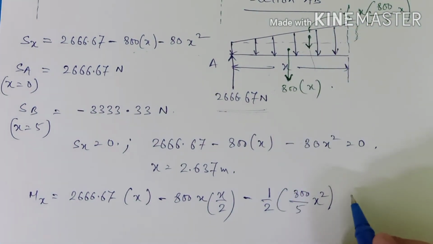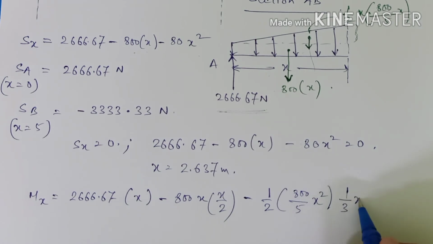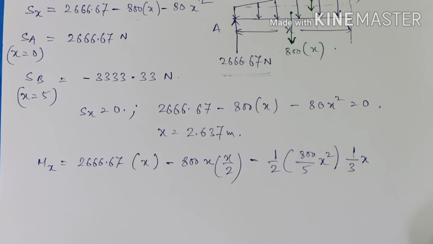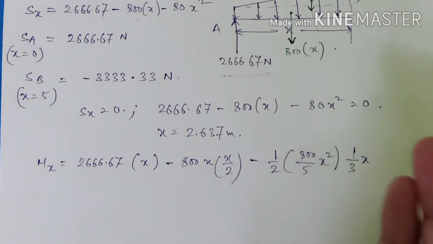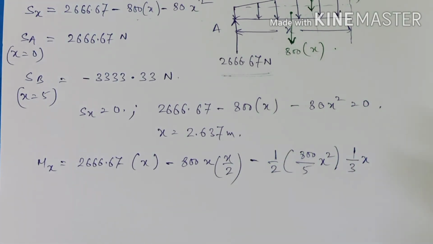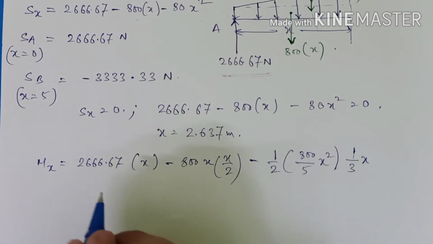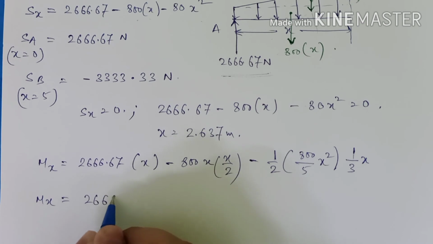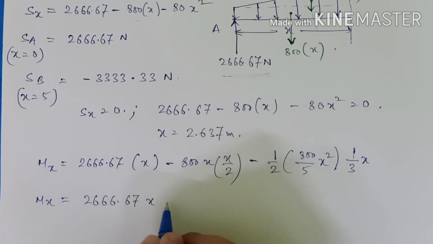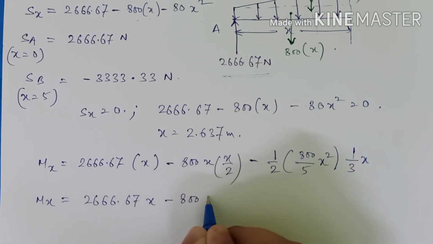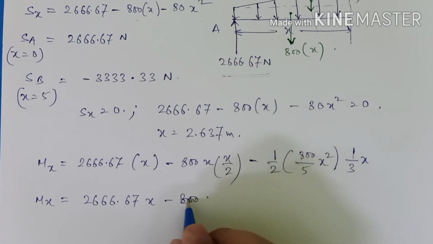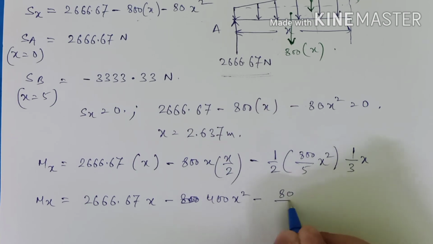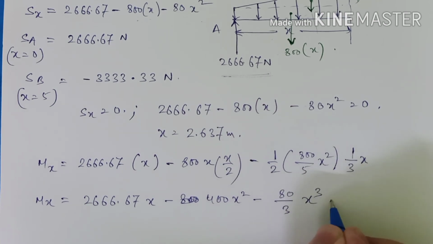This is 1 by 3 of x, because we know the centroid acts at 1 by 3 distance from the base. If you simplify it a bit, you'll get 266.67x minus 800 by 2, which is 400x squared, minus 80 by 3 x cube.